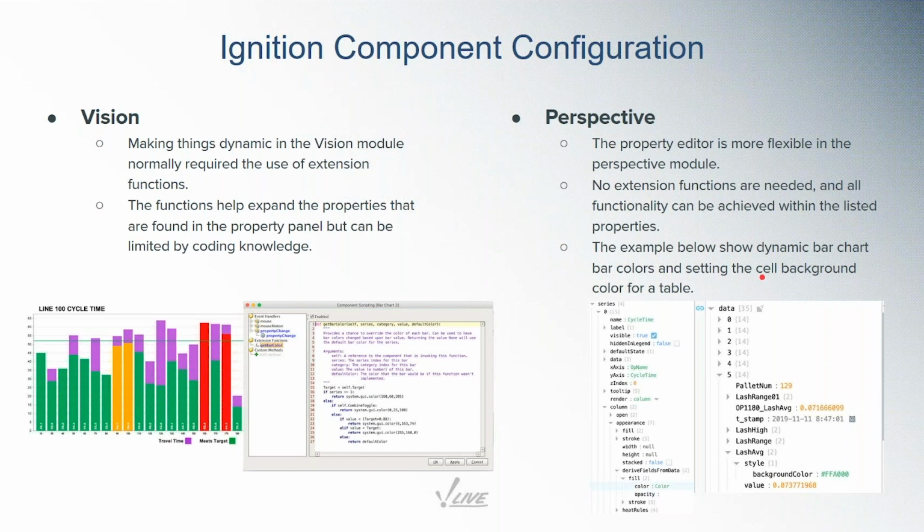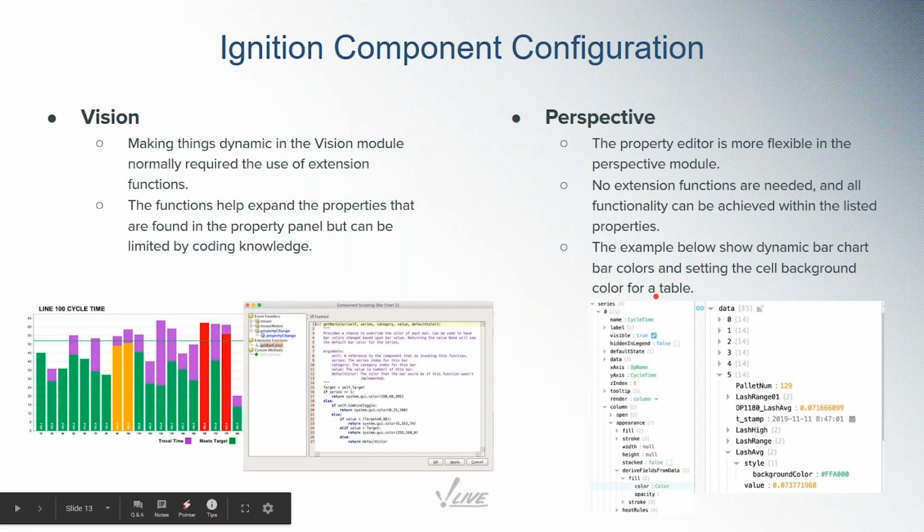So for controlling your bar colors now, there's just a derived data from fields property. And when we build out our data array, we add a value called color, and you do the calculations to figure out what color it should be beforehand, and then set a hex code into that field. Then we can tell the derived fields from data to look at the name property color from our data, and it will automatically fill it in.